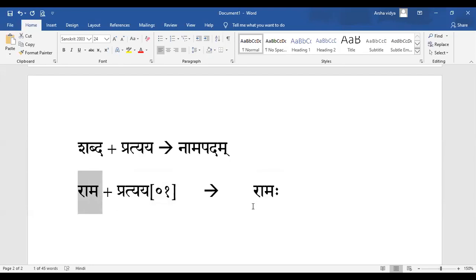Now, in the sentence "Rama walks in the forest", Rama is the agent, Ramaha. The word for Rama is Ramaha. Now, let us take another sentence: "Ravana is killed by Rama."